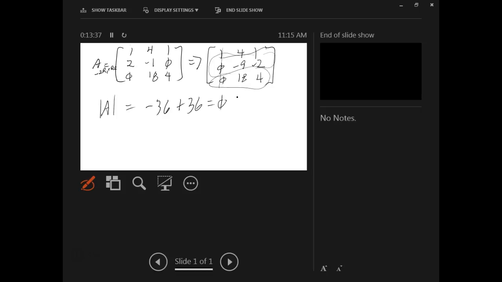Because 30 factorial is 2.65 times 10 to the 32nd, even a relatively small 30 by 30 matrix would require more than 10 to the 32 operations.